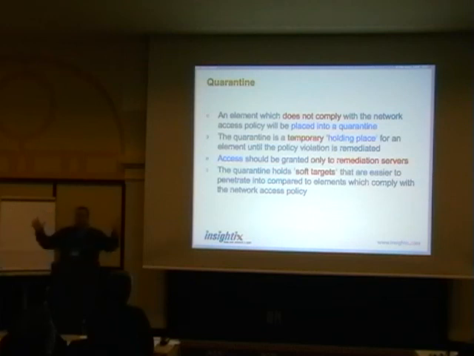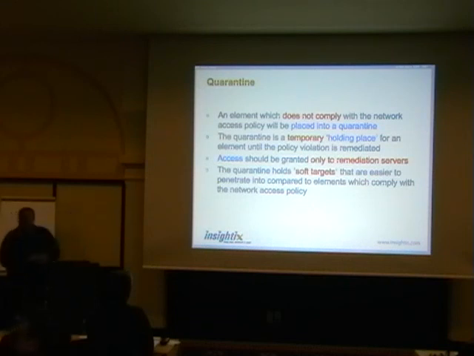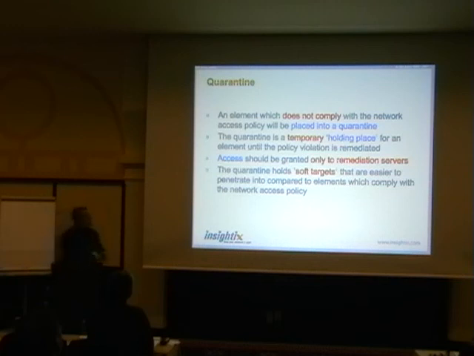quarantine is the place. And when I say the place, it is the place. Why? Because all of the bad boys and bad girls, to be politically correct, are put into the quarantine. Basically, I didn't comply with something. I, the user, need to remedy it, and I'm put in a temporary holding place. Access is granted only to the remediation server.